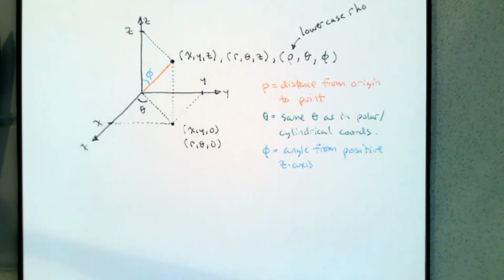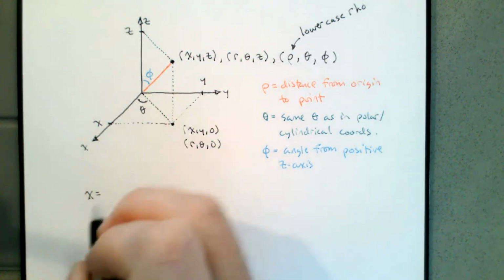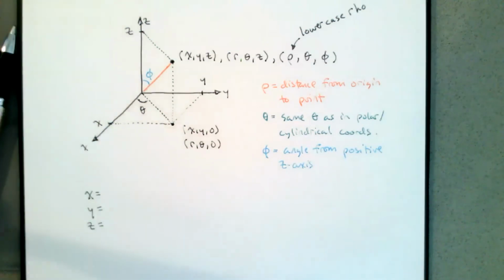However, now we have new things. Now we've got new stuff running around. If we have a point rho, theta, and phi, how do we write down what x is? How do we write down y? How do we write down z? This is a significant question.